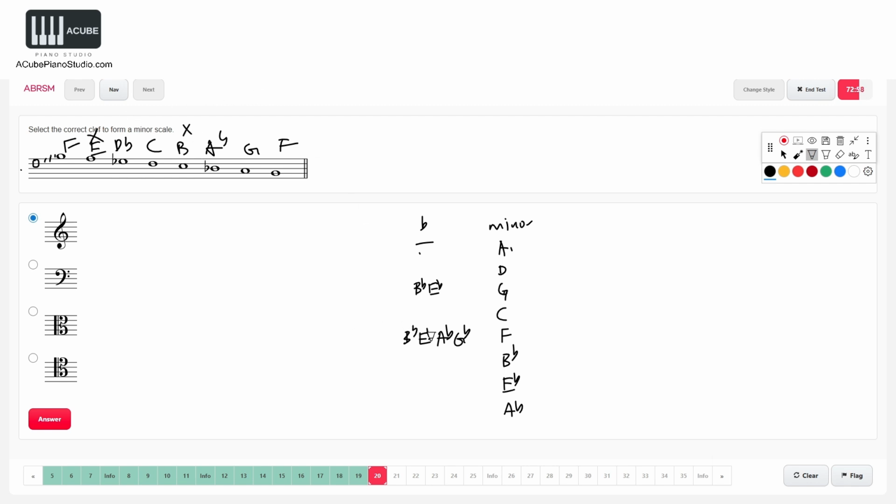I should have A flat, yes, there's A flat, there is D flat, but I do not have B flat and E flat, so wrong. So it cannot be tenor clef. Therefore it is treble clef.